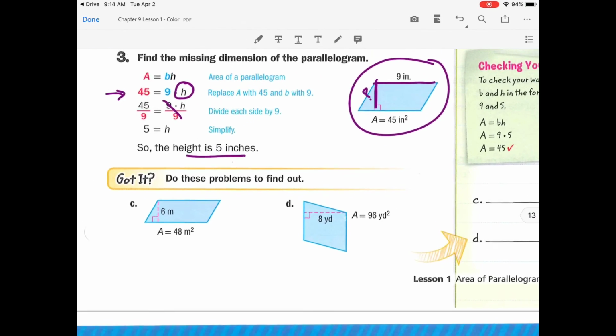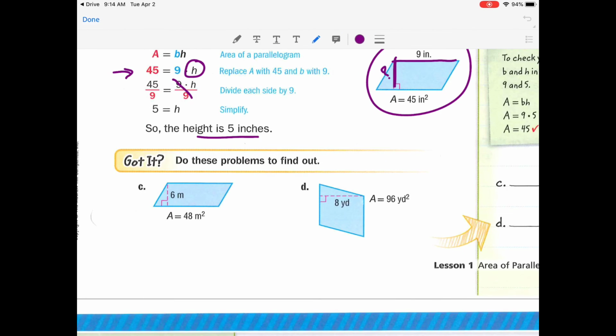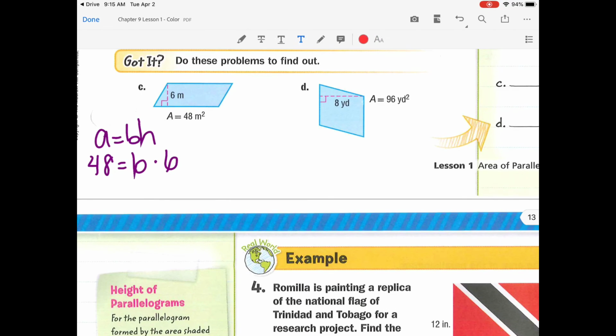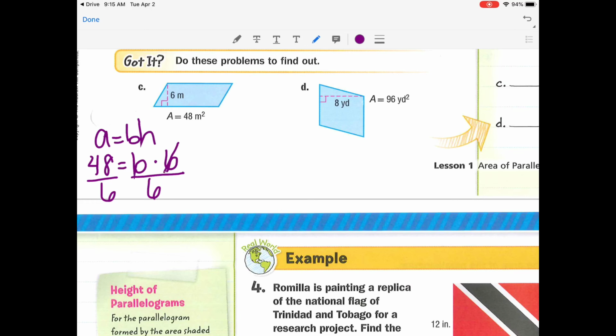Let's do some example problems so we can figure this out together. Okay, so take a look. Remember, A equals base times height. We know what my area is, which is 48. We don't know what my base is, so we're going to leave that alone, times 6. Now, going back to algebra, we want to try to get that variable by itself, which means we are now going to divide each side by 6. That's going to leave me with my base.